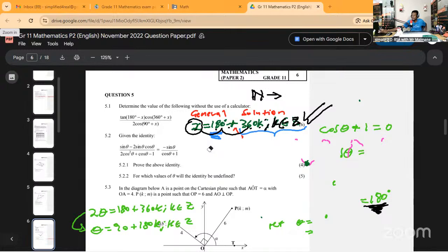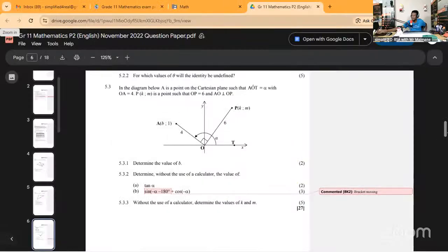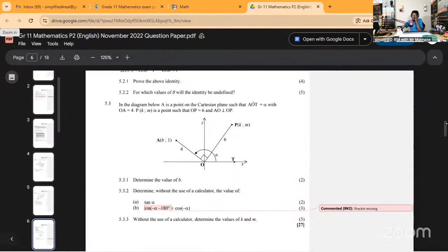We are almost there. 5.3 shouldn't be anything to worry about for us, because I feel like it's still fresh in our memories. So for 5.3, in the diagram below, A is a point on a Cartesian plane such that angle AOT is alpha.